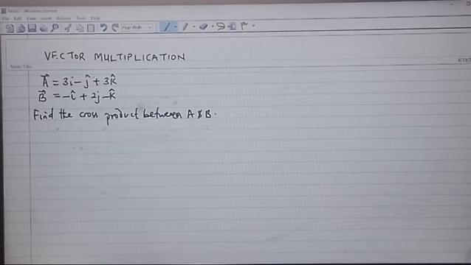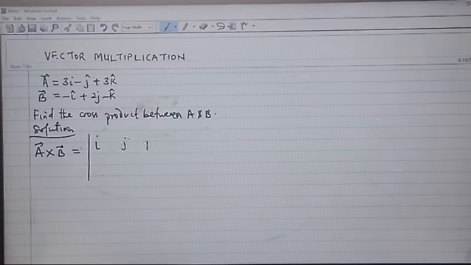I'll just simply use the matrix notation to make it easier. So I say A cross B is our solution. So A cross B will be equal to, we draw a matrix I, J, K. Remember to include the signs.